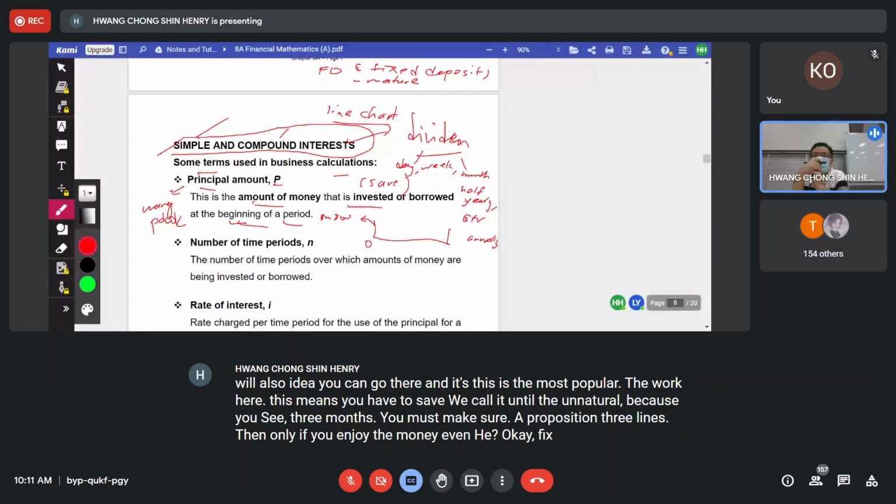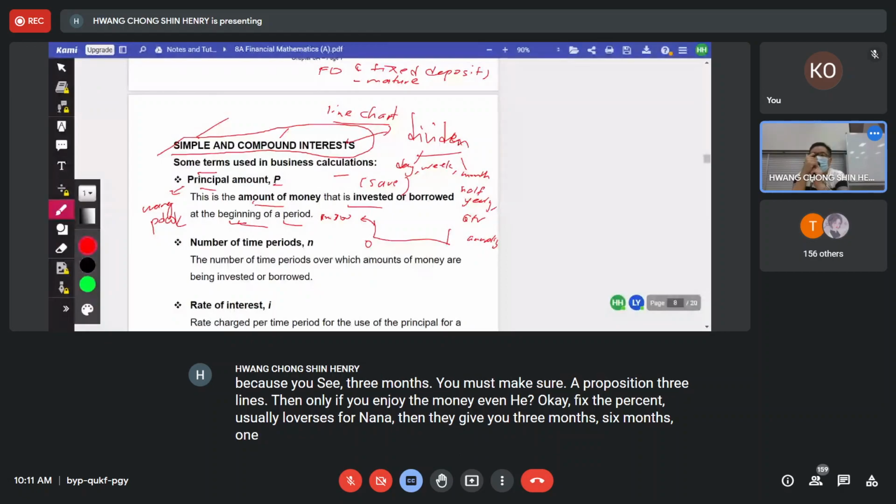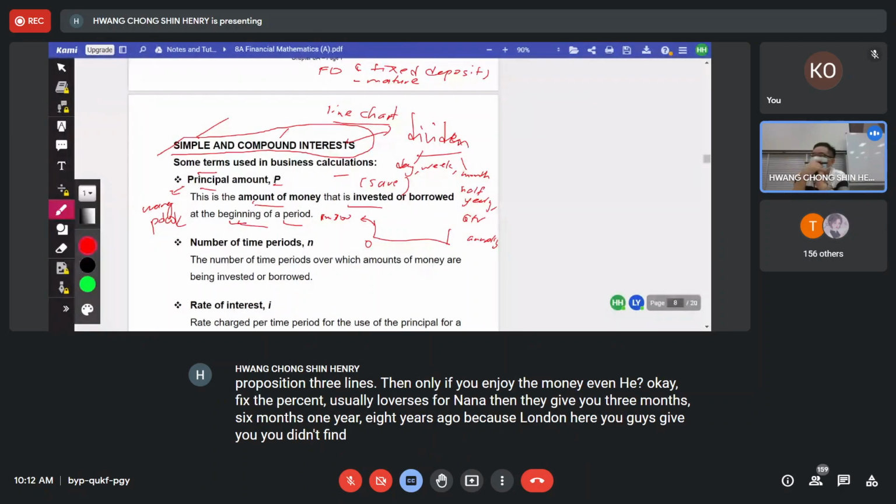Fixed deposit usually lowest is 1 month. Then they give you 3 months, 6 months, 1 year, 8 years also got. Of course, the longer period you invest, they give you higher dividend. You learn banking and finance, right? Why if you save longer period, the bank gives you higher dividend?